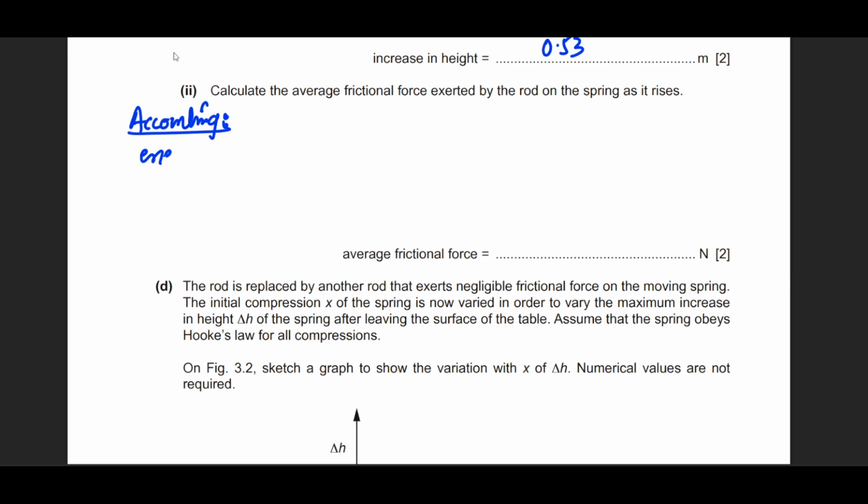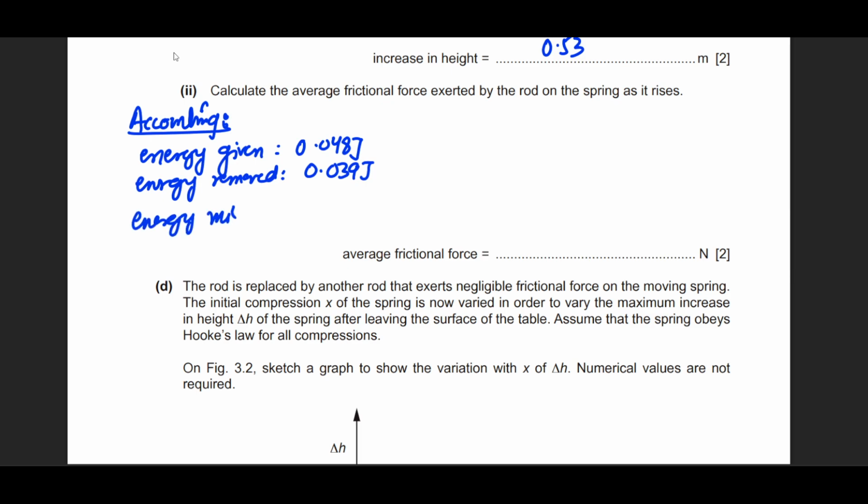So what are we supposed to do? What is the energy already given? So energy given by the spring was 0.048 joules. Energy removed or taken back successfully was 0.039 in terms of gravitational potential energy. What is the amount of energy that is missing that we can't account for?